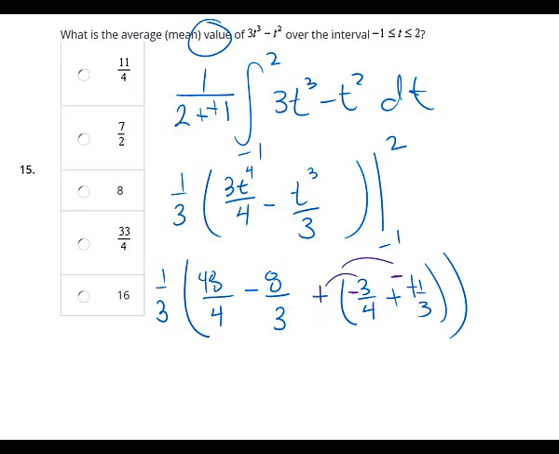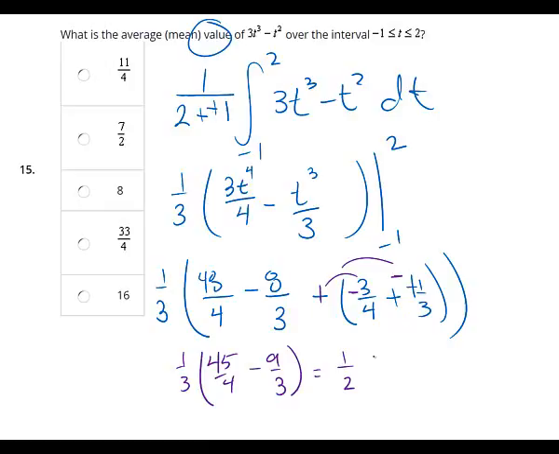Okay. So what's 48/4 minus 3/4? I said it wrong. 45/4. -8/3 and -1/3. -9/3. Alright, let's pretend we don't have our calculators.